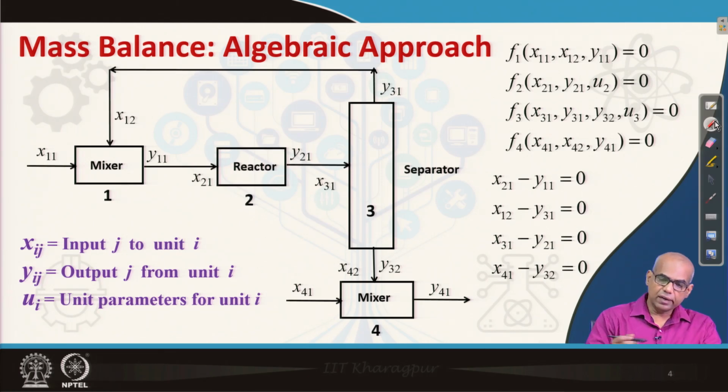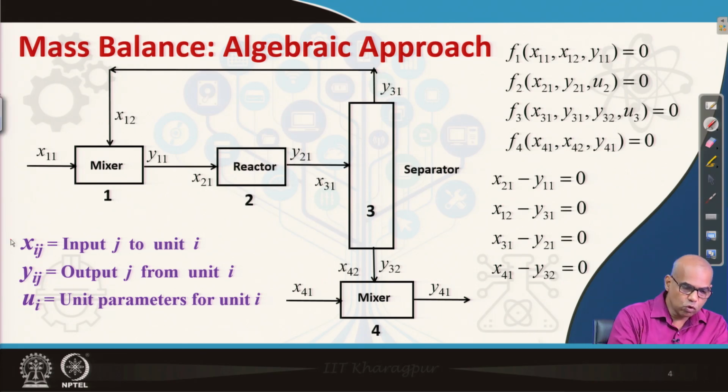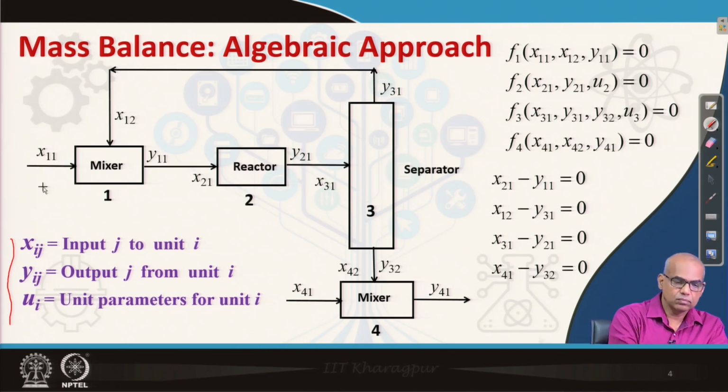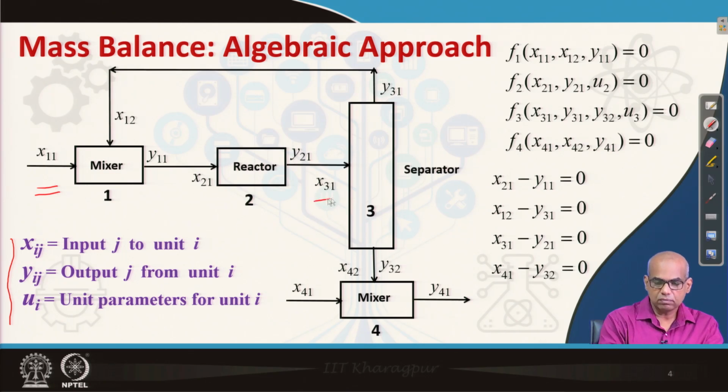Now, let us use this nomenclature. Xij represents input j to unit i. So, X11 is input 1 to unit 1. X31 will be input 1 to unit 3.